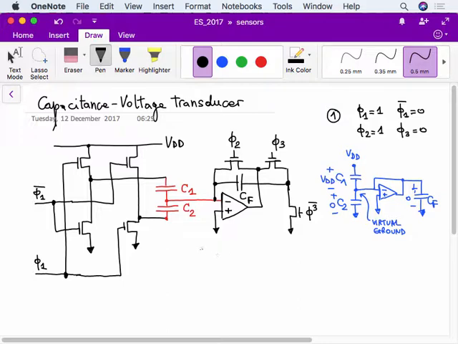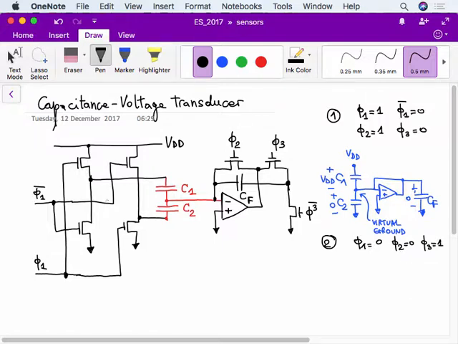Then we have the second phase. During the second phase, all the control switches change, so phi1 is 0, phi2 is equal to 0, and phi3 is equal to 1.